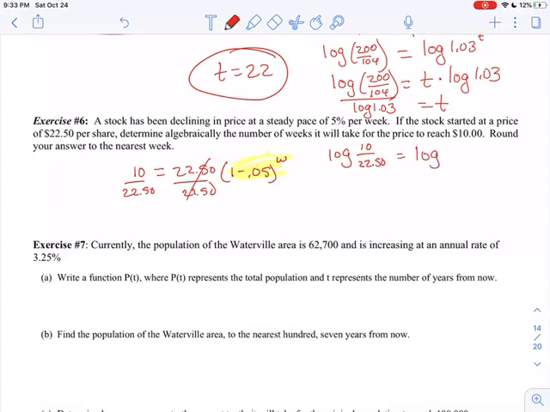And then I'm just going to take the log of each side. So I'm running out of room. I'm going to do it over here. I'm going to take the log of 10 over 22.50 equals the log of 1 minus 0.05, which is the log of 0.95. That W will come out in front.